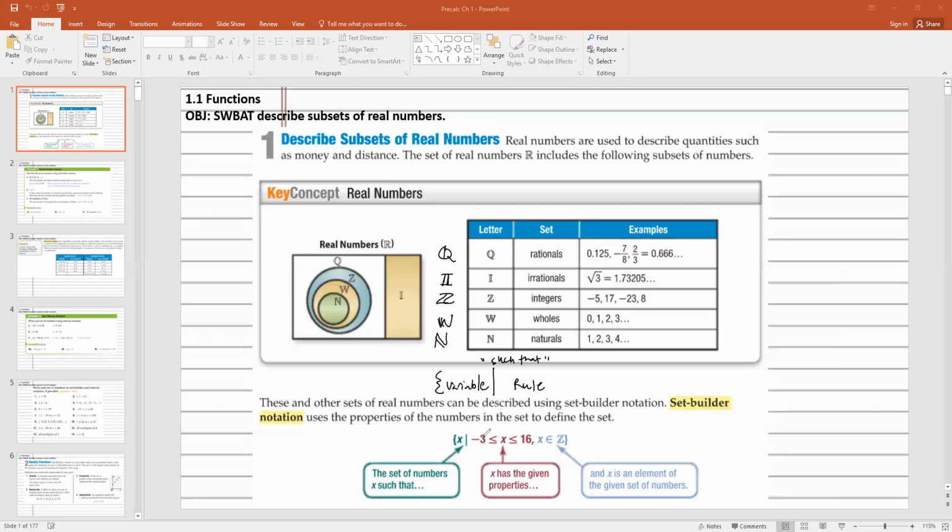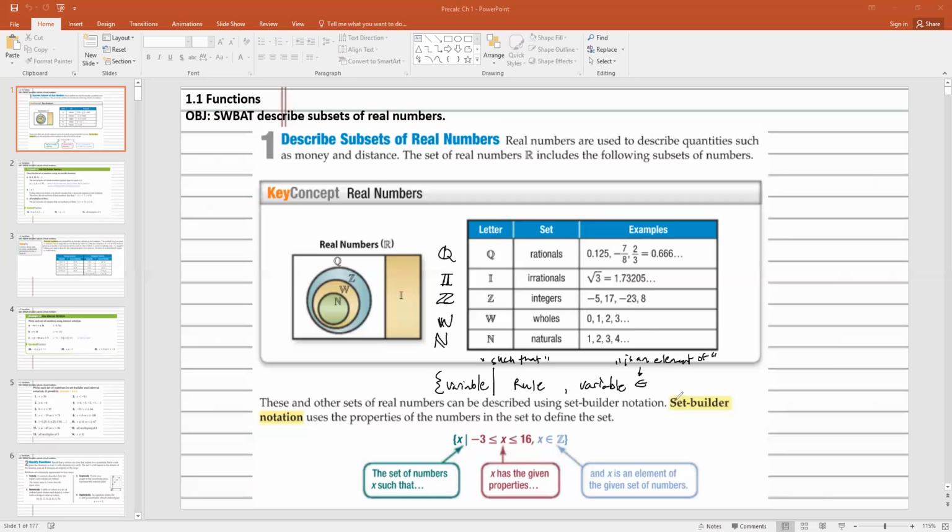So x is greater than or equal to -3, but less than or equal to 16. And then comma, and you're going to have that variable is an element of, and then you put the type of number it is.